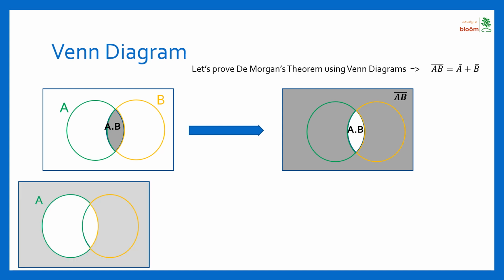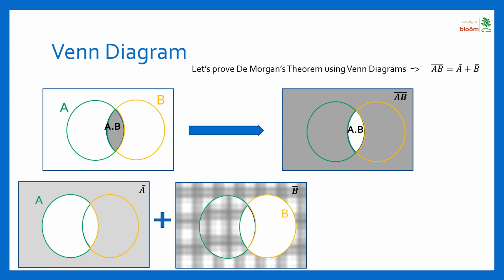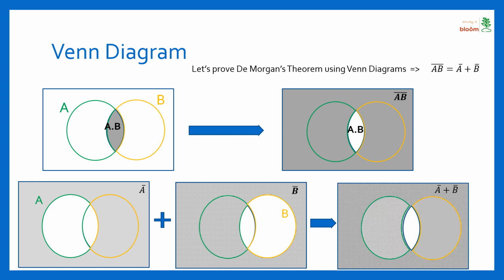And let's see what negative A is. Negative A means the total area except A. Then negative B means the total area without this area. Then negative A plus negative B is the total area colored, excluding the area that is not colored in both diagrams.